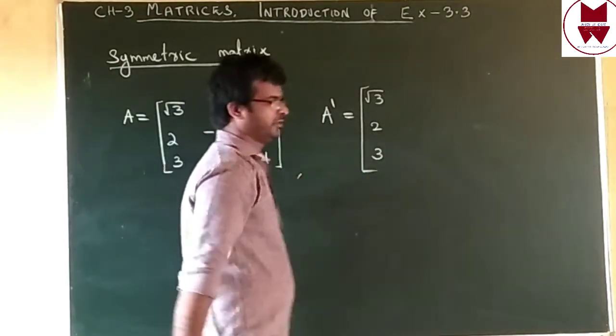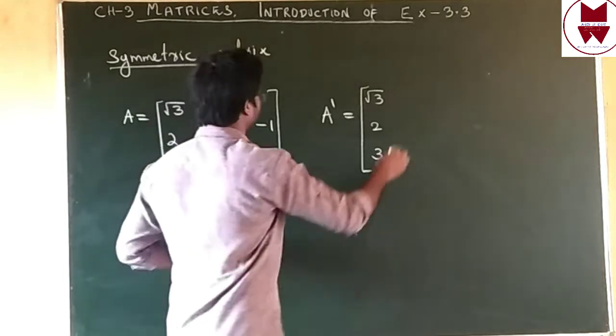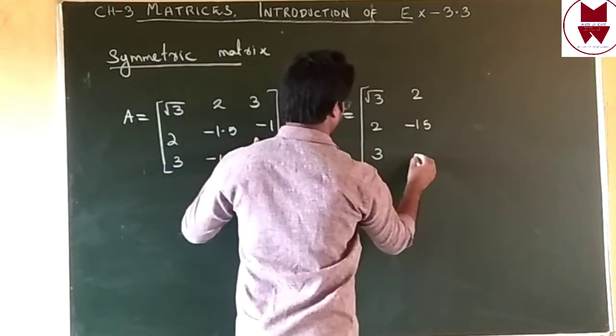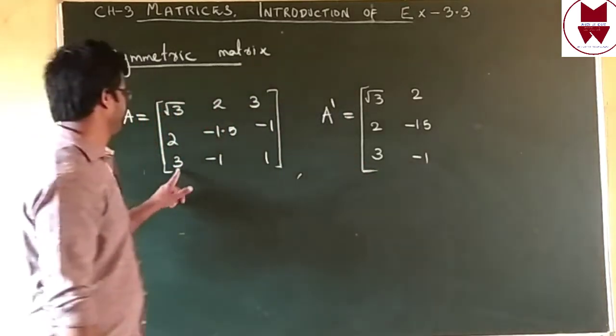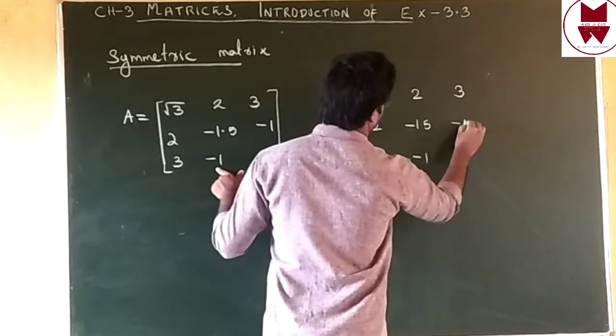The first row becomes the first column. Then the second row: 2, minus 1.5, minus 1. The third row becomes the third column.